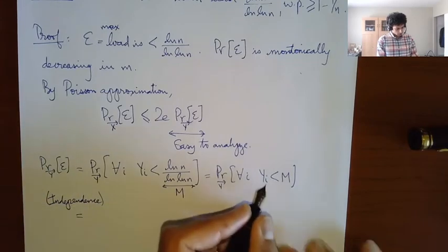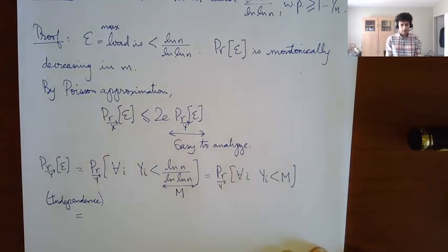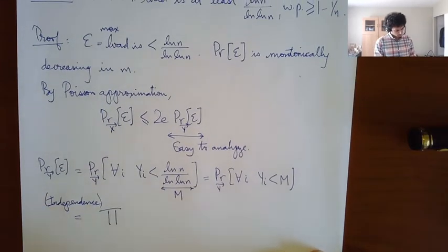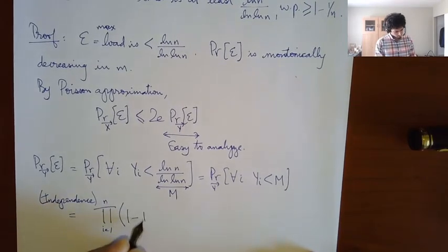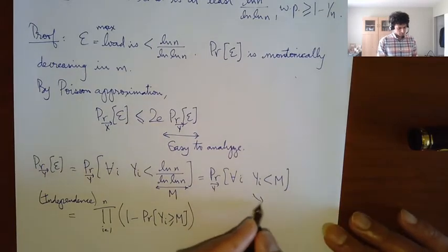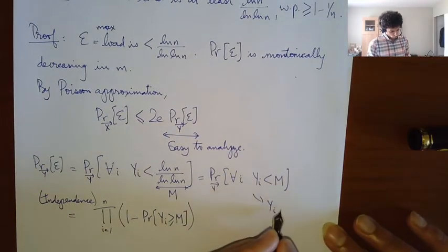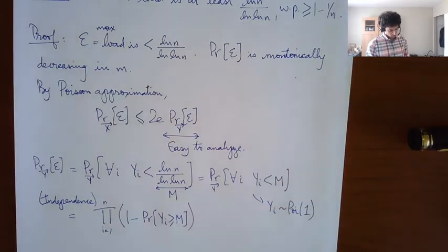I know that these yi's are independent, so I will simply get the product for i going from 1 to n of 1 minus the probability that yi is greater than M. Recall, of course, that yi is distributed as a Poisson with parameter 1, because all the pi's are 1 over n, and m is equal to n.